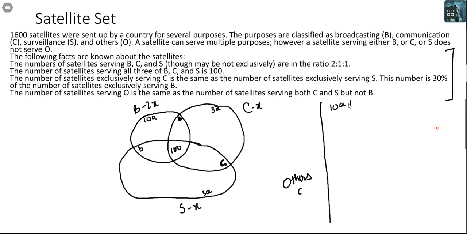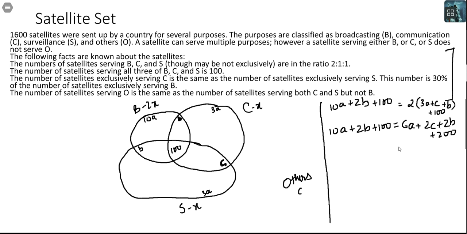So 10A plus 2B plus 100 is equal to 2 times of 3A plus C plus B plus 100, and you open that up, you get 10a plus 2b plus 100 is equal to 6a plus 2c plus 2b plus 200. 2b and 2b will cancel, and then I would get 4a minus 100 is equal to 2c, or c is equal to 2a minus 50.